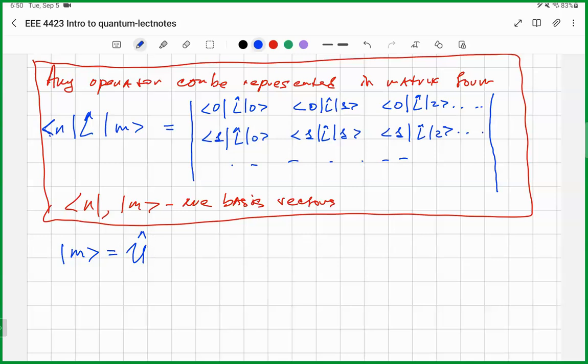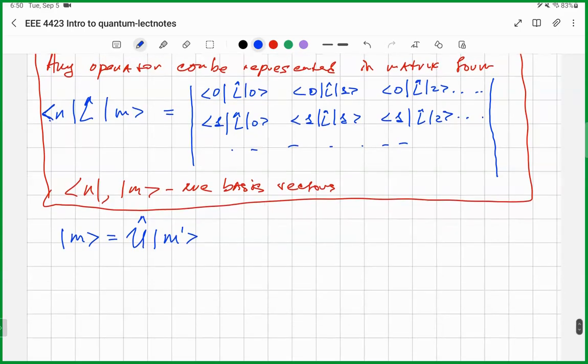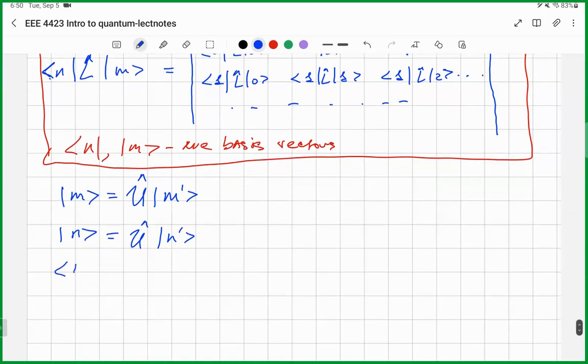So this transformation U acts on the new vector m dash. So I just connect the basis vectors in the old basis and the new one. And for n, I get the same, n dash. And now I need to write the bra vector n, which is n dash times U dagger.